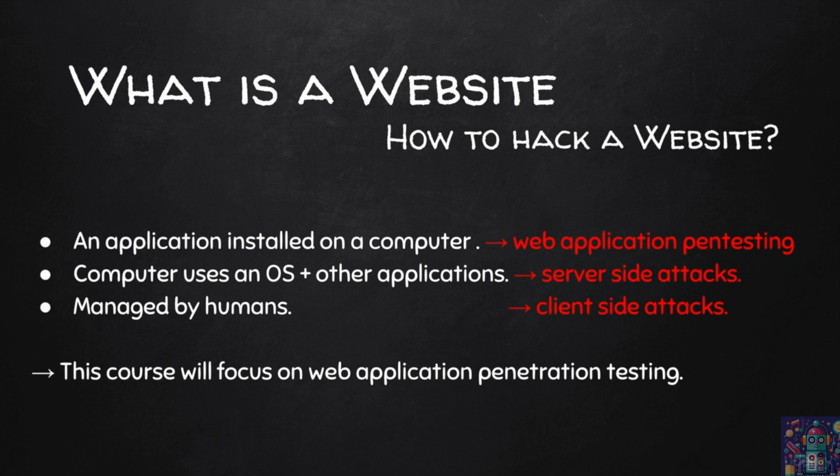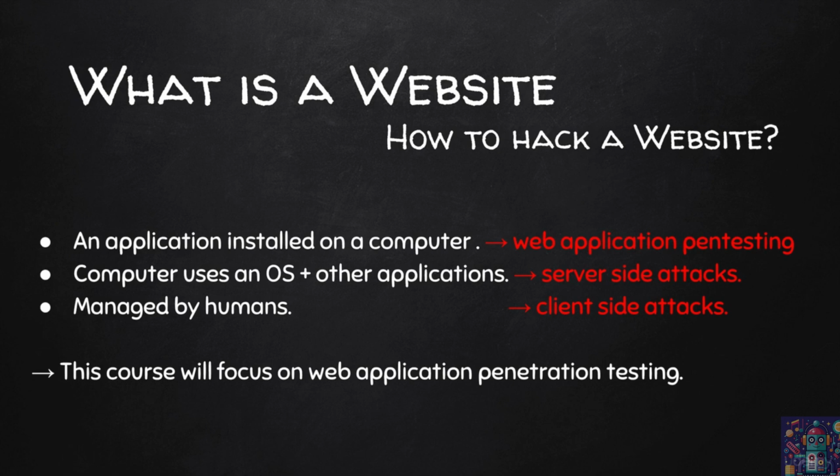If you couldn't find anything wrong with the applications installed on the web server or the operating system, then you could target the humans, because we know websites are managed by humans. For example, with Facebook, you can target Mark, or you can target the admins of Facebook. These admins obviously have more privileges on that website than you, and they might be able to upload sensitive files to that website, so you can control it and hack it by hacking into one of those people.